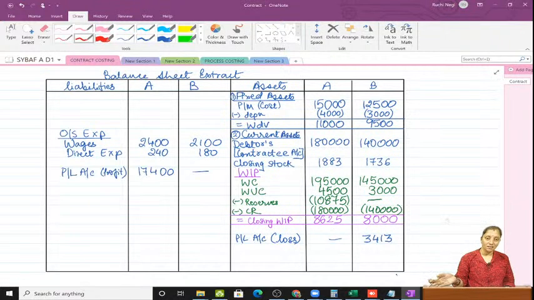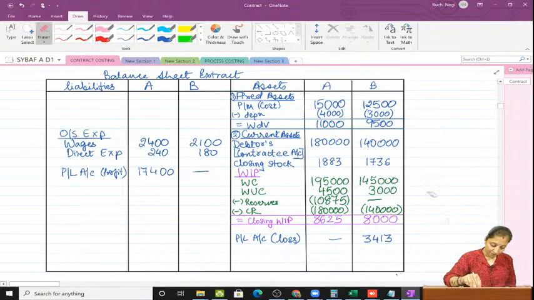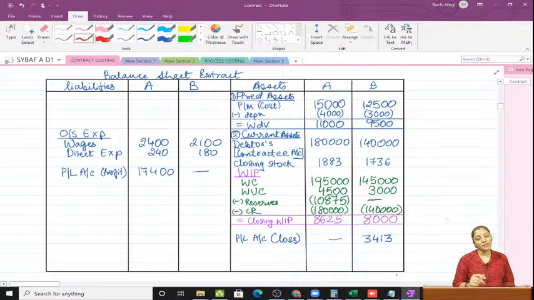Your contractee will be your debtor here, so whatever balance you get in your contractee's account is a part of current assets. Then closing stock of raw material. Then WIP, so this is the breakup of WIP in contract costing: work certified, work uncertified, less reserves, less cash received. So you may get probable questions related to the calculation of WIP.